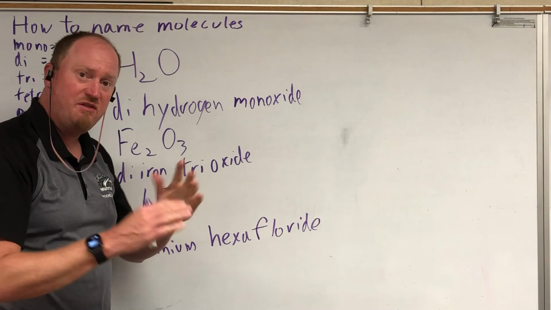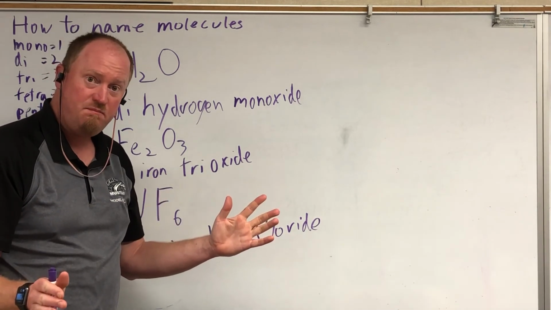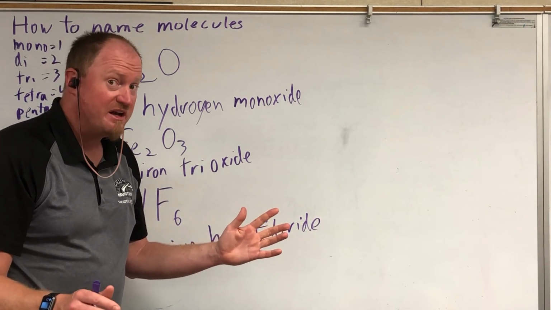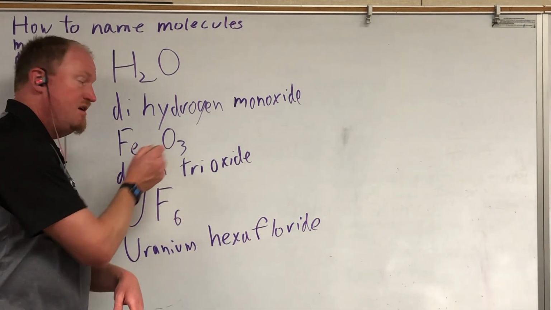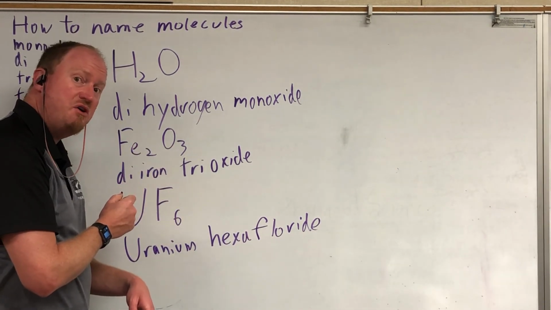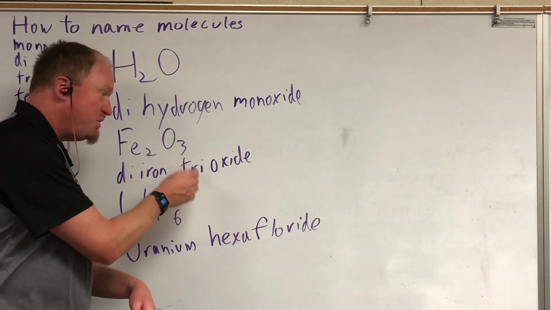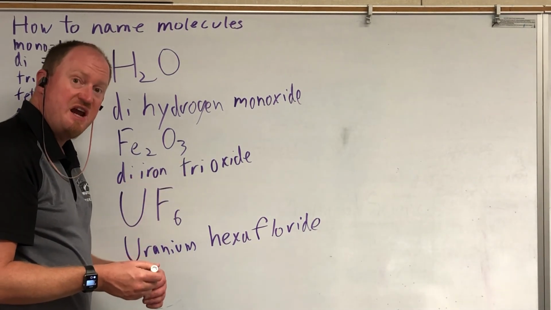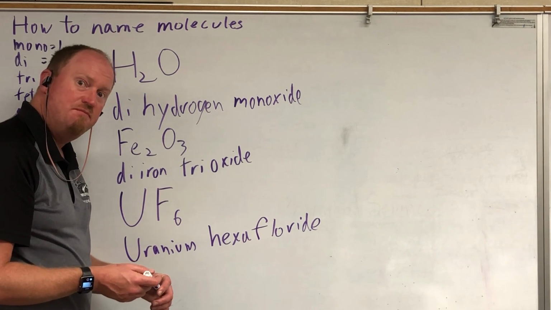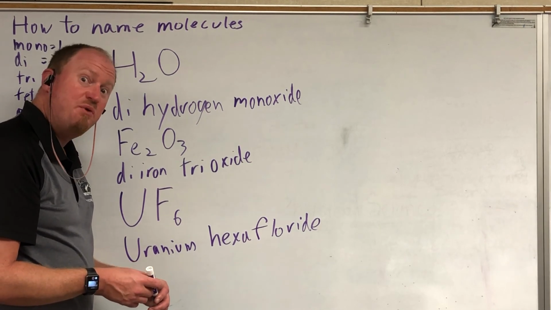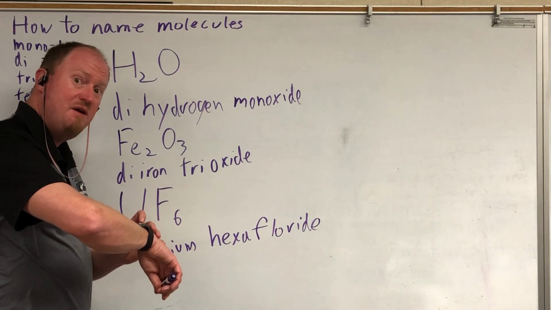A chemist can write the formula based on the name. But we're not going to get that complicated yet. Just remember, say the name of the atom in the molecule, and then use a prefix to say how many of each atom is in the molecule. It's a good place to start. Anyway, bye-bye.